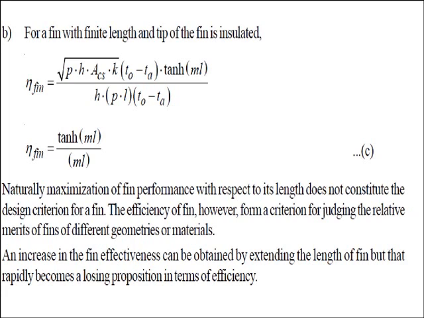So for the second case, the efficiency of fin is equal to tanh(mL) divided by mL, where the case which we are considering is that the fin is of finite length and the tip of the fin is insulated.